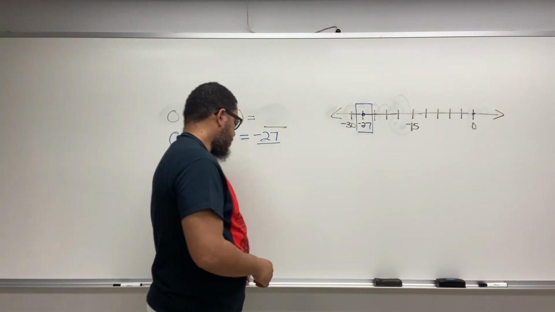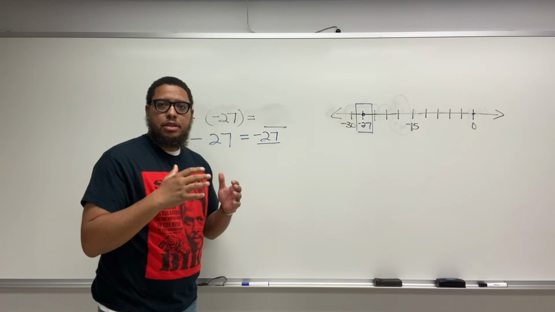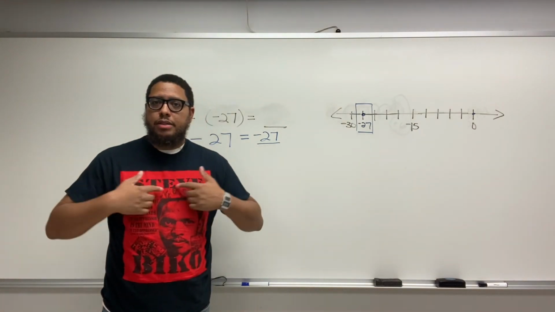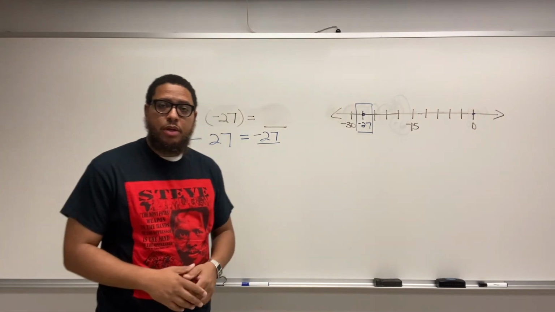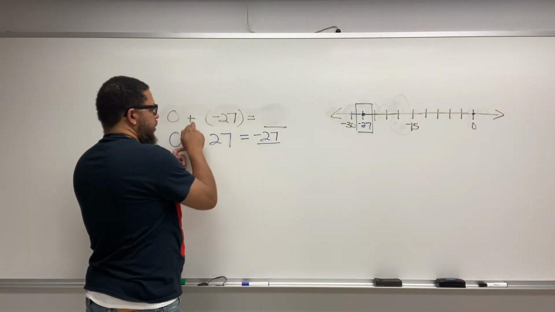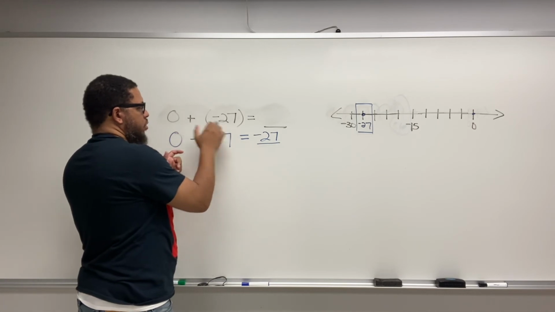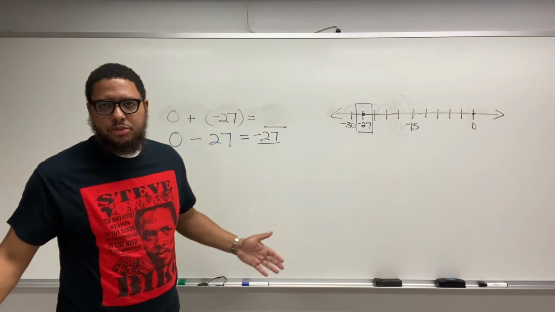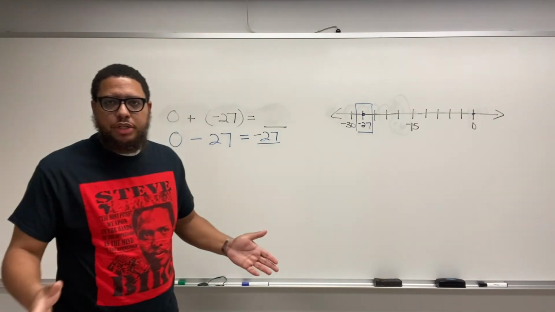All right, so just as a recap, the major takeaway, in addition to knowing about this brother right here, Steve Biko, is that when you see adding a negative, a plus a negative, you can flip that into just a straight subtraction problem.